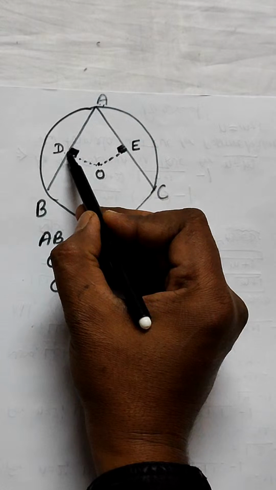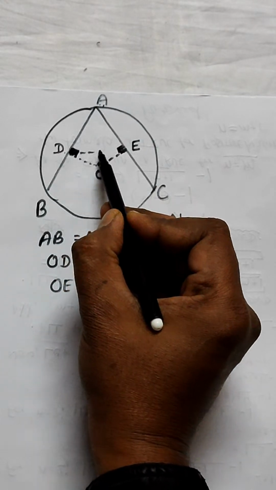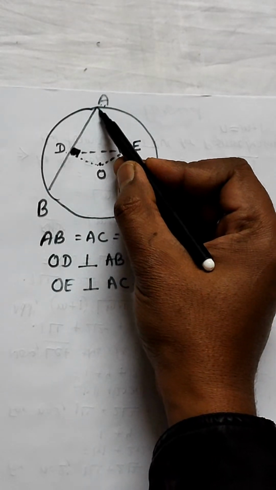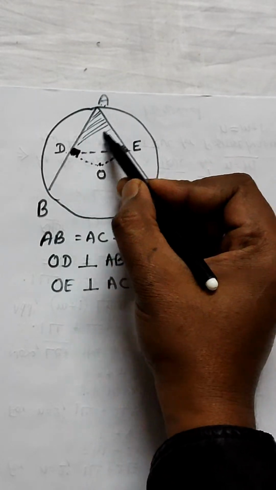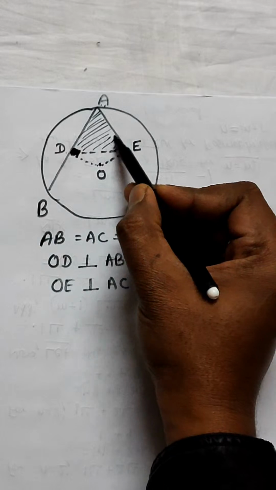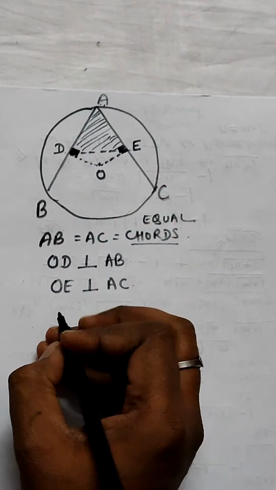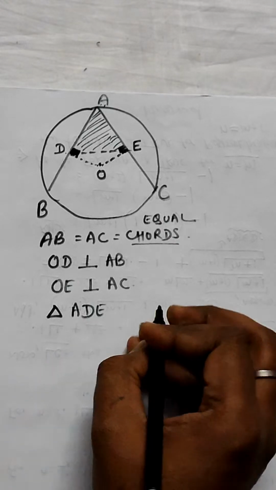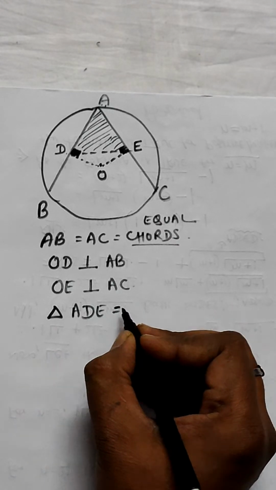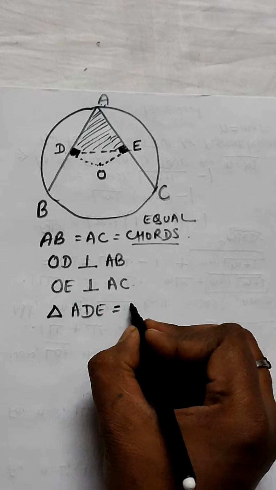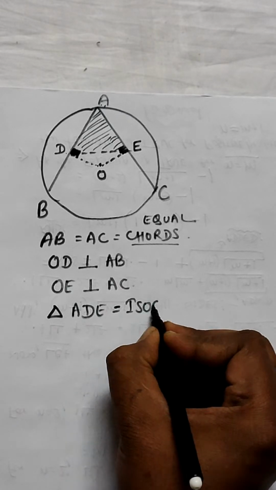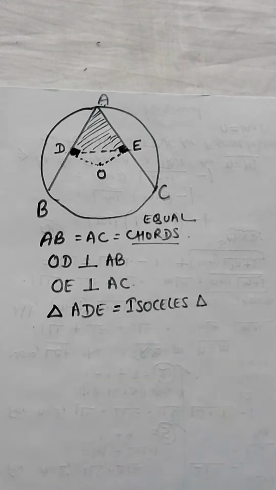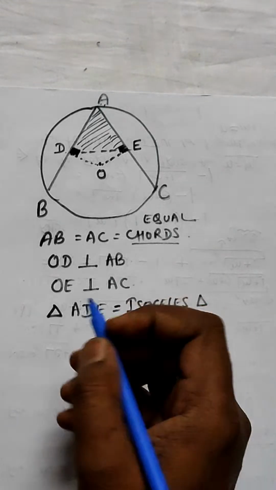If D and E are connected like this, then we need to prove that triangle ADE is an isosceles triangle.